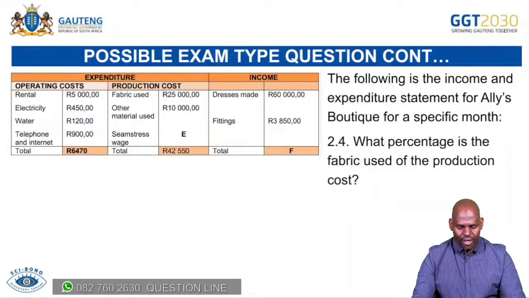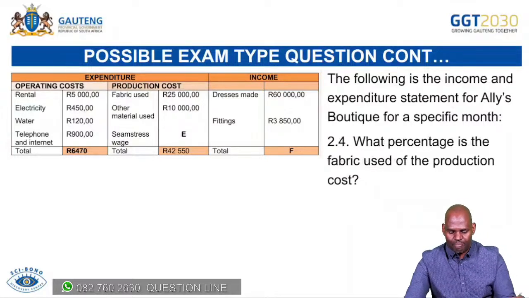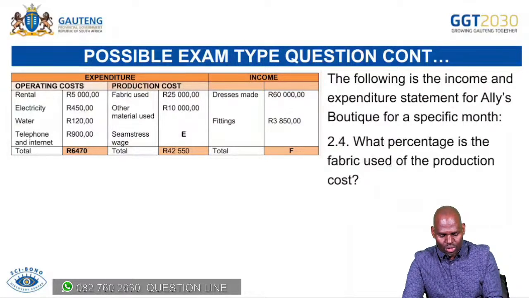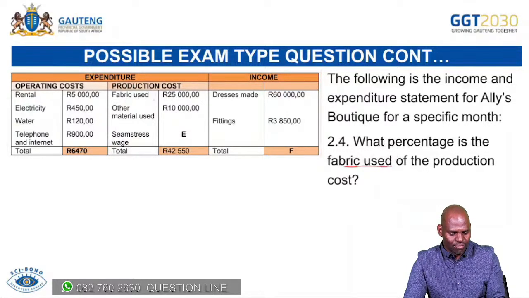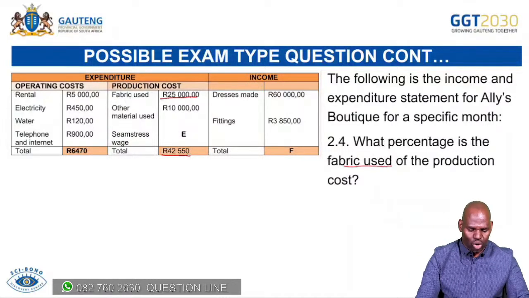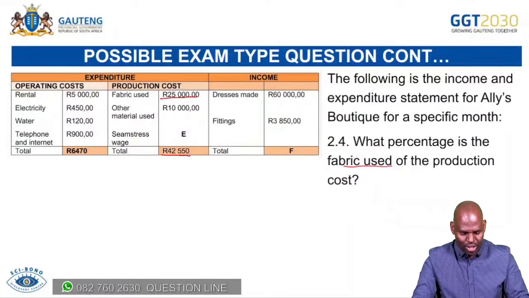Okay, then the next question is still based on the very same information. What percentage is the fabric used of the production cost? So the fabric used is 25,000 of the production cost, and remember the production cost must be the total.